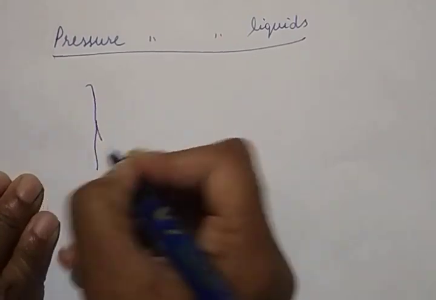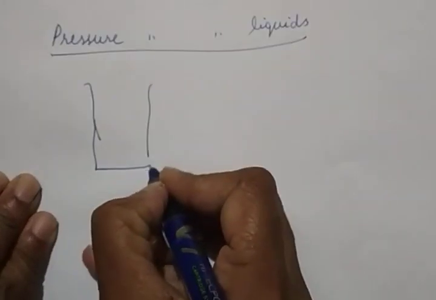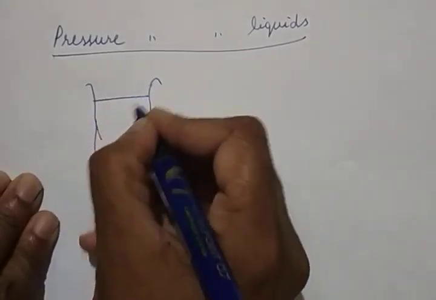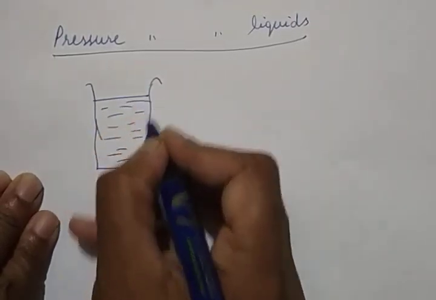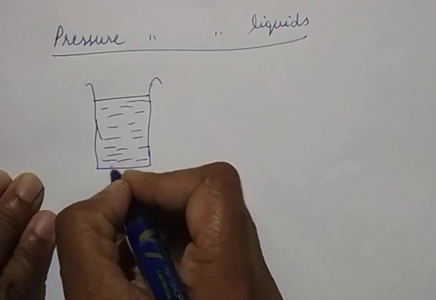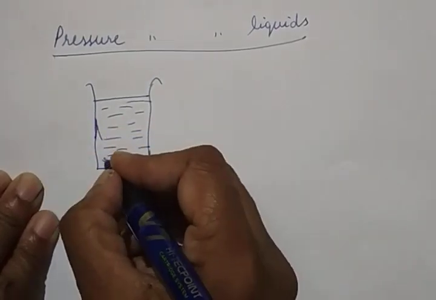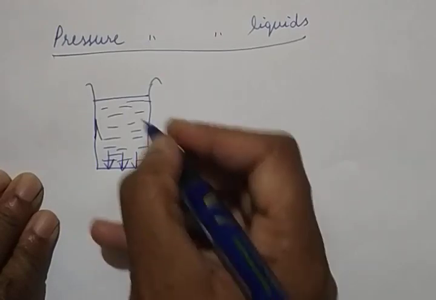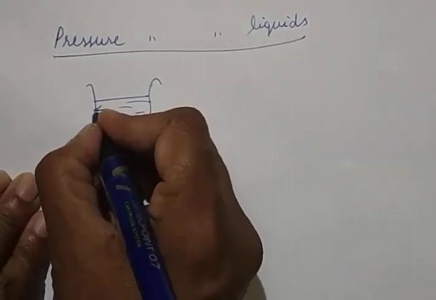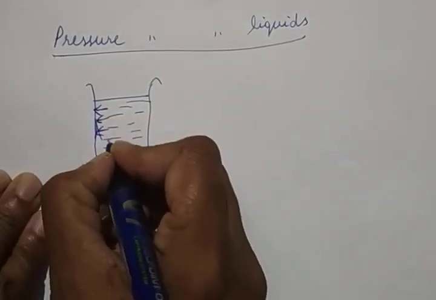Why? You know that in liquids, molecules keep moving and they keep hitting the sides of the container. They keep hitting the bottom as well as the sides of the container. So, pressure will be exerted at the bottom, of course, plus it will exert pressure at the sides also.